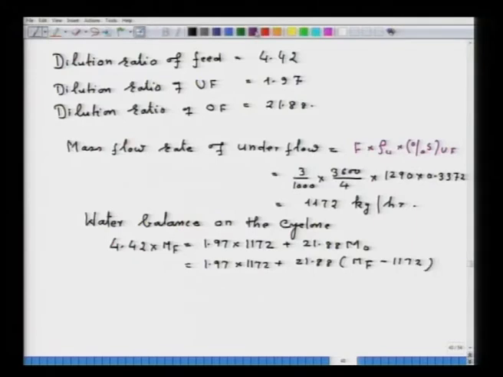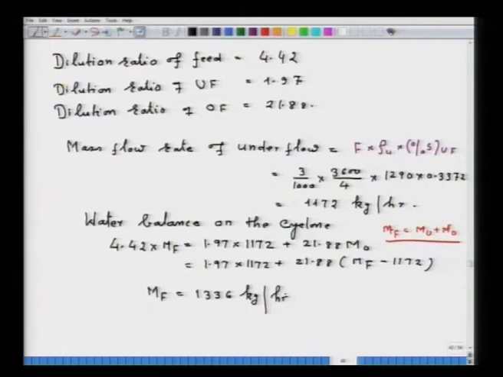Since we know that the mass balance is MF equal to MU, that is underflow, plus MO, from here one can replace MO by MF minus MU, and that is what I have done over here. So, we just solve it. We get MF equal to 1336 kilogram per hour. That is the answer for this particular question.